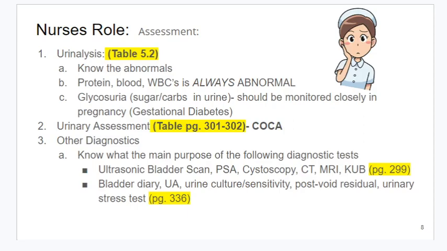Now, we can have individuals that can have some glucosuria, or sugar in our urine. This should be closely monitored, especially when we are talking about diabetics. It can be somewhat of a normal finding for some pregnant women.